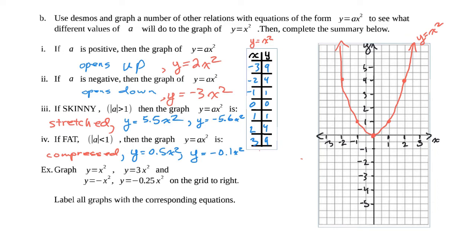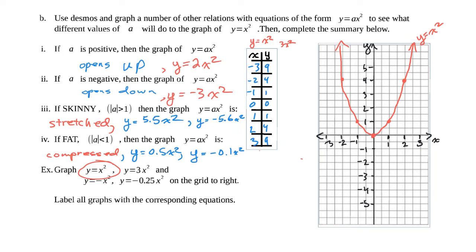So the next thing that we're going to do is take a moment and graph y equals x squared. We've already done y equals x squared. We did that one in red, didn't we? So the next one that we've got to do is y is equal to 3x squared. So let's go over how 3x squared would work. You think of what happened when you calculated x squared.